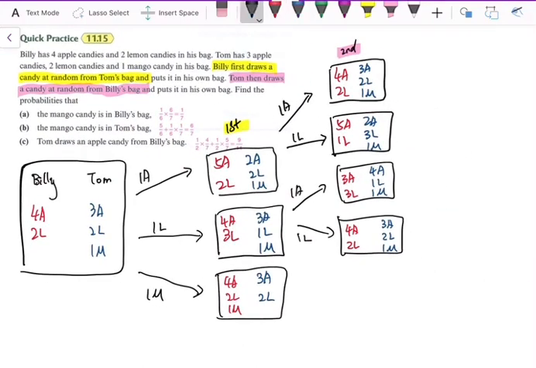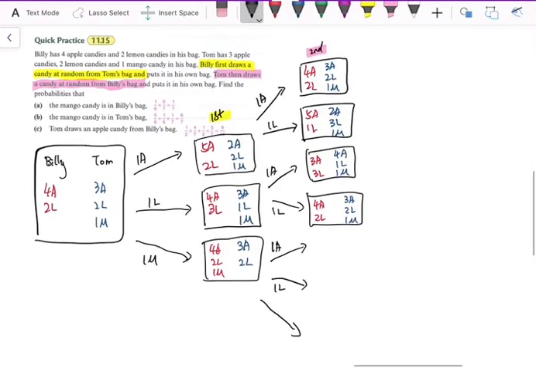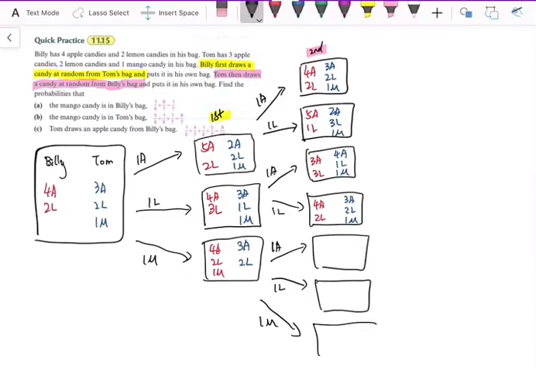Don't forget the third one, we still have 1 more. Need to write that. But this time in Billy's bag you have 3 different kinds of flavor, so Tom has a different choice. He can take out 1 apple flavor or 1 lemon flavor, or third choice, 1 mango flavor. So we have 3 different choices here. Again, keep writing down.